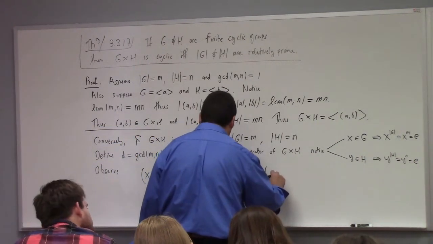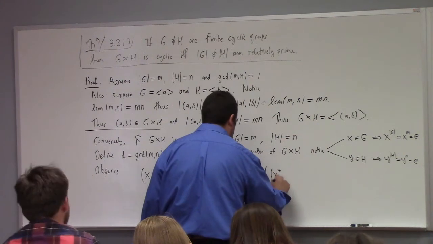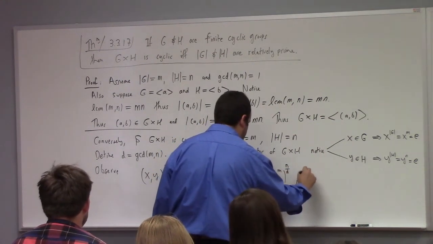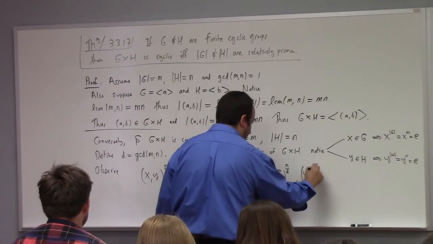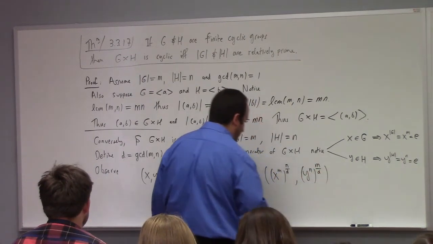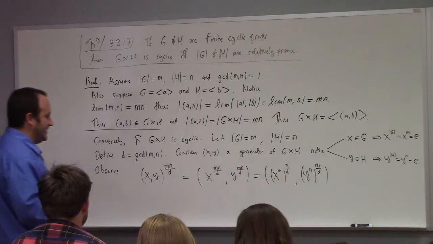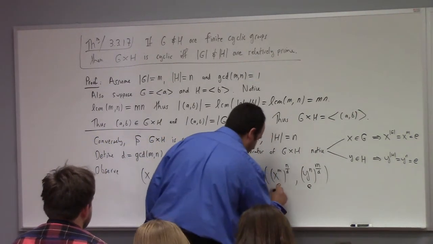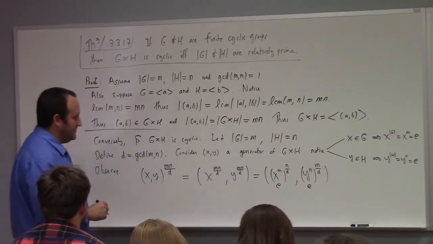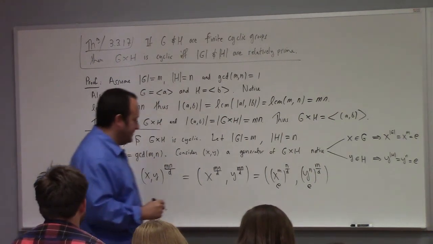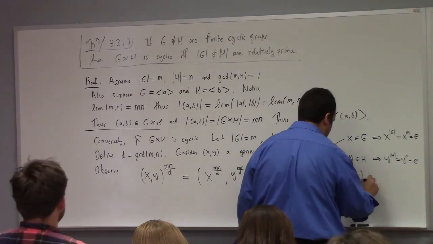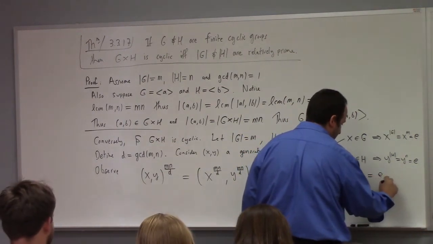This is on the one hand x to the m to the n over d, but it's also y to the n to the m over d. So y to the n, as in n, is e. So you get yourself an e, and you get e to the n over d to the m over d. Anyway, it's e.